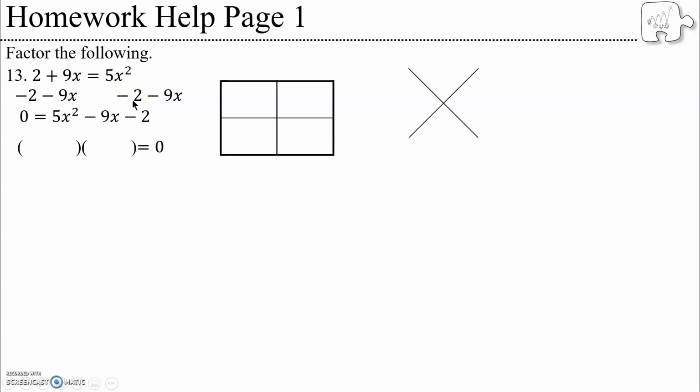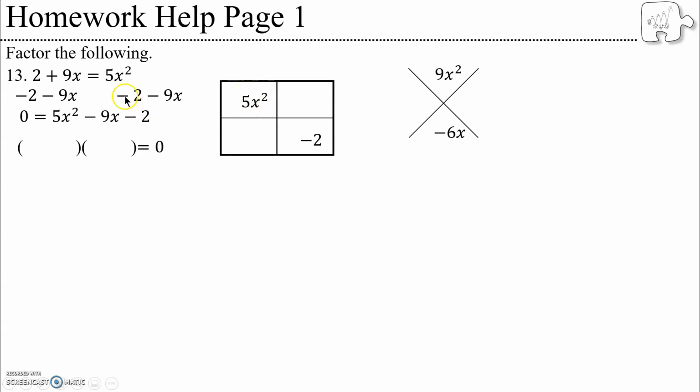Let's get it in the easier order that we're used to, because it's always easier when it goes x squared, x, constant. That is our normal form for a quadratic, because then we know the first term and the last term go in the corners.